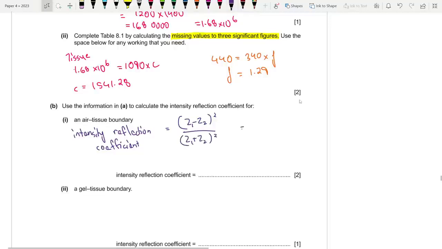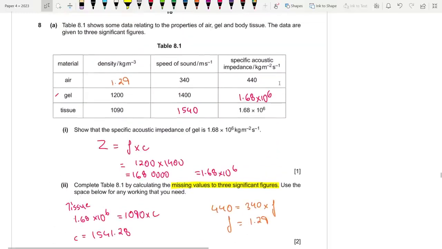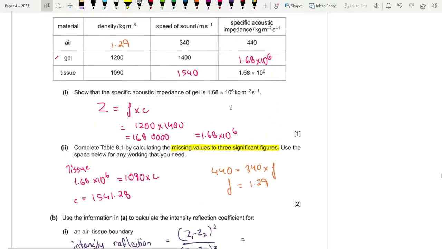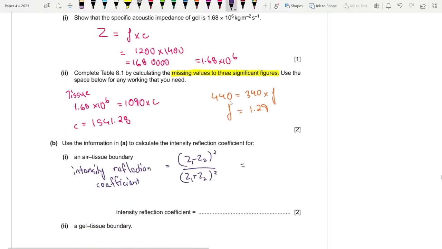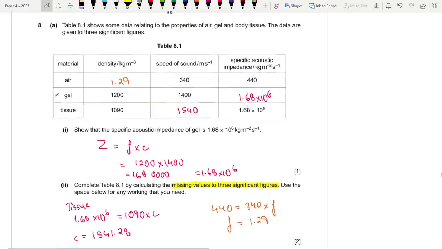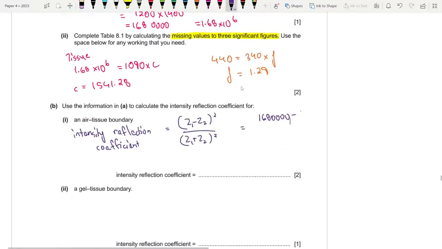Fine. So let's input that. It's 1680000 minus air and tissue, right? So air is 440, divided by 1680000 plus 440, and this whole thing will be squared.